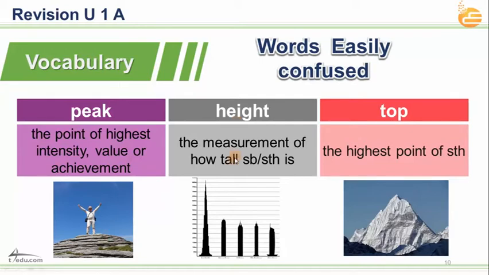The height is the measurement of how tall somebody or something is. This is Burj Khalifa, the highest and the tallest tower in the world. Top is the highest point of something, like the top of a mountain. The top of the world is in the Himalayas. So these are peak, height, and top.